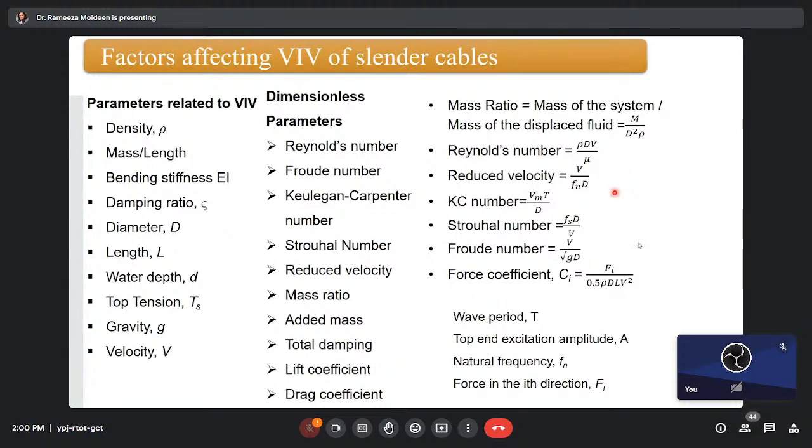Then coming to the reduced velocity, the forces will be acting in two directions, as I said, it will vibrate in both directions. There is a lift force, that is uplift force, and then there is a drag force. These forces and the displacements that will happen all have to be figured out, and we have to see what frequencies will act on the structure and how we can sort it out.